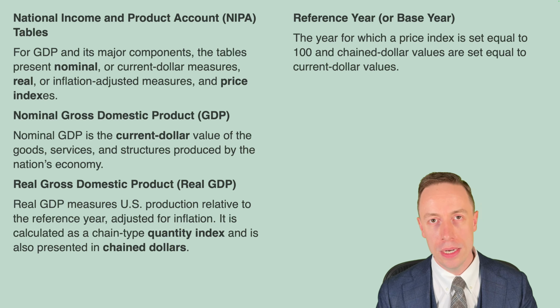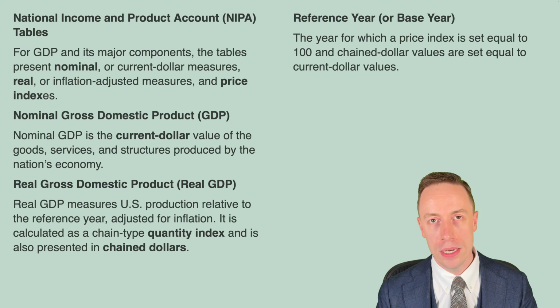Okay, we're looking at billions of chained 2017 dollars. So what that means is we take the nominal GDP figure from 2017 and we increase it by however much production quantities have increased since 2017.